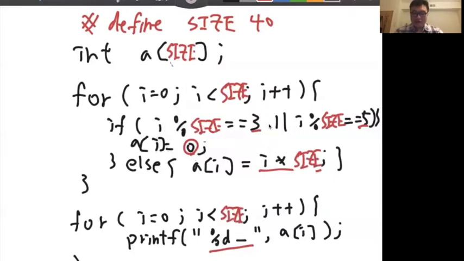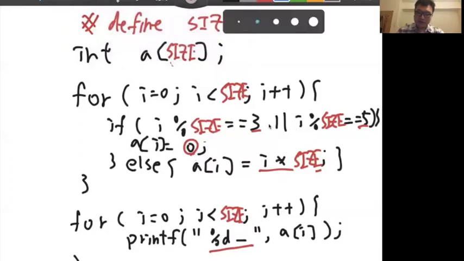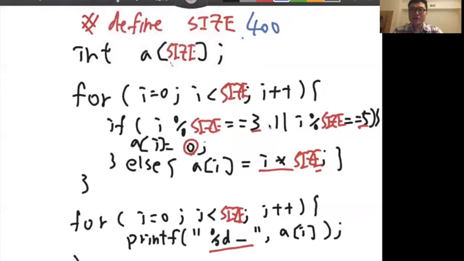So you can imagine that if we want to change the array size, for example, right now the size should not be 40, it should be 400, then we just change it. So why is it so magic? It's not a variable. It's not an integer variable or something, so the compiler won't know how to compile it. But how does the preprocessor work?